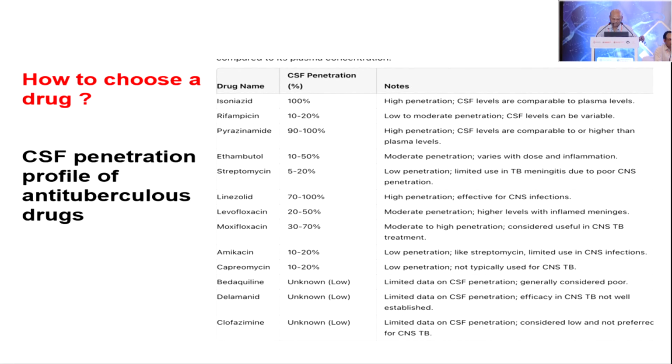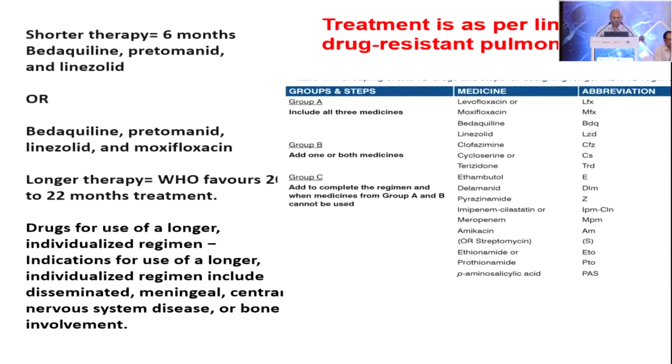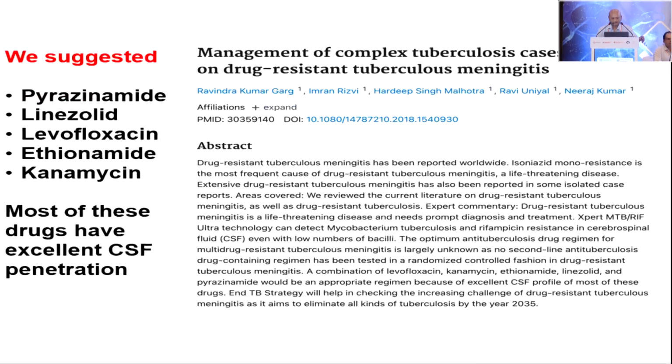Most of the group 1 drugs readily cross the CSF, and all these 3 drugs should be utilized for treatment of drug-resistant TBM. Earlier we suggested pyrazinamide, with very excellent CSF penetration, linezolid, levofloxacin, ethionamide. Only kanamycin has limited CSF penetration.